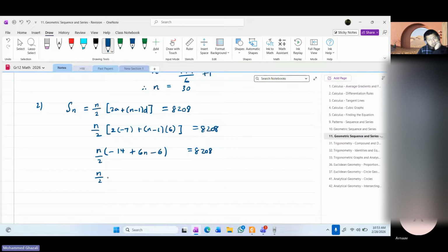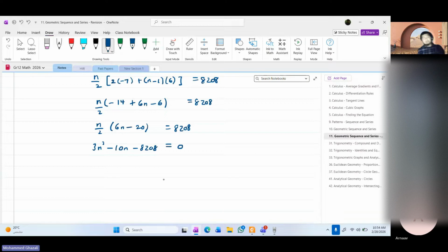So still got n over 2 into 6n minus 20. Right, 6n minus 20 is equal to 8208. Right, so you will get 3n squared, because n over 2 times 6n is 3n squared. n over 2 times this is negative 10n, and bring this 8208, is equal to 0.